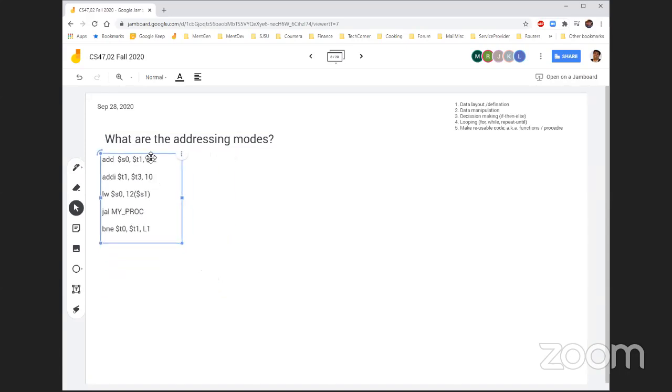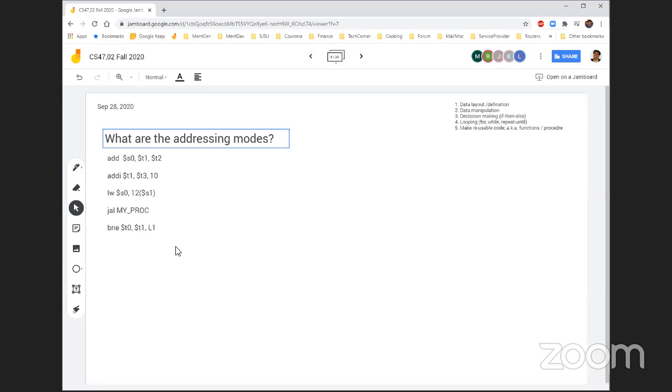Okay, we have these instructions. Just think for five minutes. At 6:30, I will open up the breakout session for another 10 minutes to discuss this problem within your group. So first think yourself very critically: what are the addressing modes involved with this set of instructions?